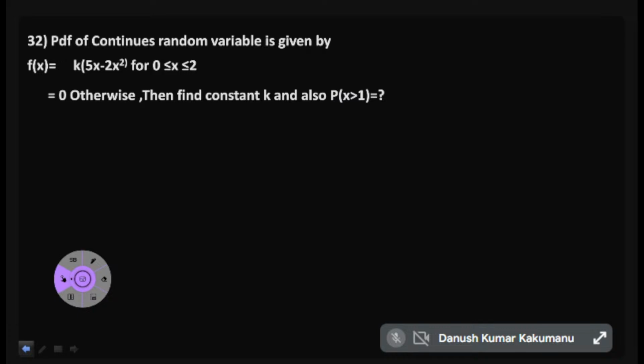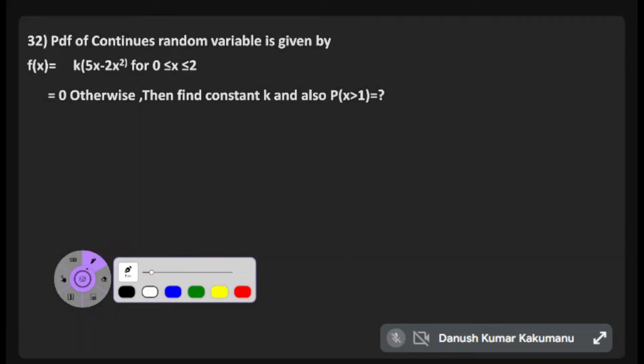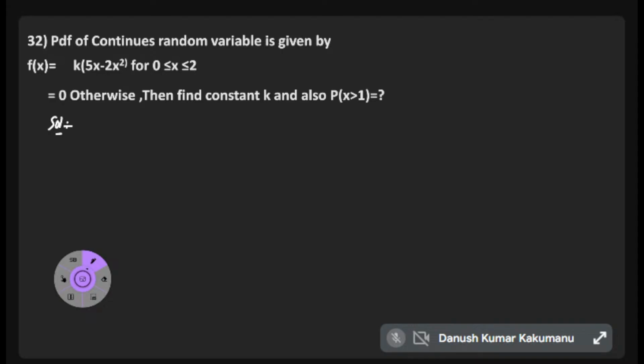First of all, how to find the k value? What function is given? PDF is given. What property do we have to use? Area under the PDF is equal to 1. Using this property, you will get the k value first.